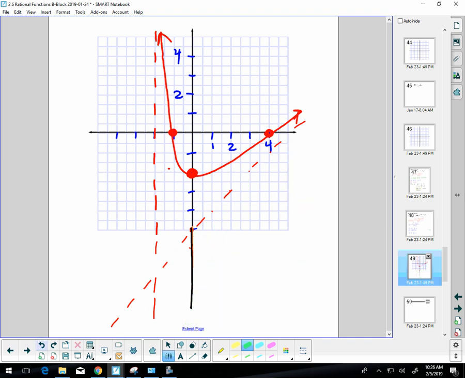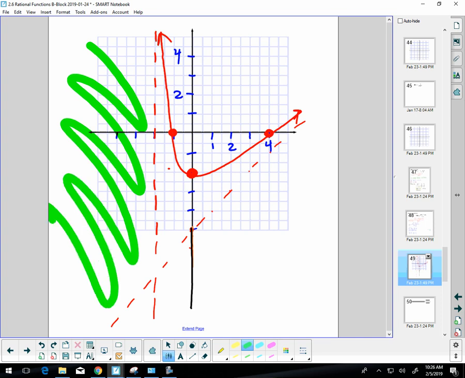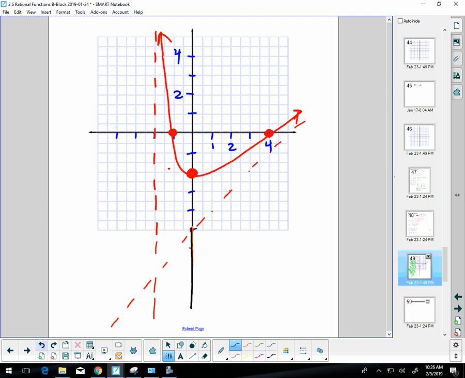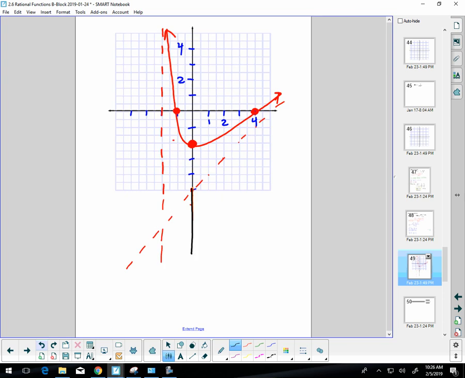Furthermore, it tells me my graph will not exist here because if my graph did exist here, it would have to look something like this. But that would create an x-intercept that I didn't find when I went through the process of finding the x-intercept. So by elimination, the rest of my graph must exist down here.